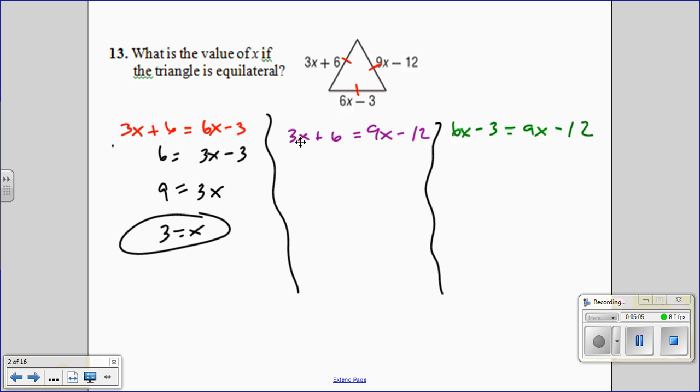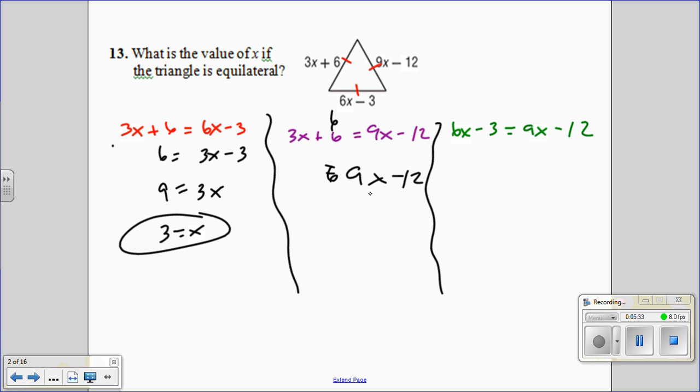On the second situation, I would again subtract 3x. So I would be left with 6 equals 9x minus 12.